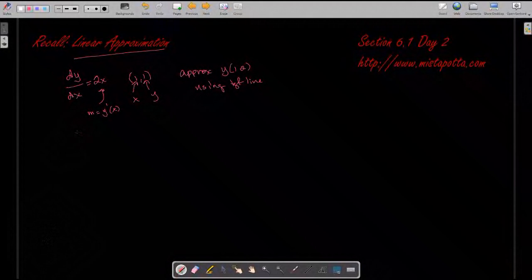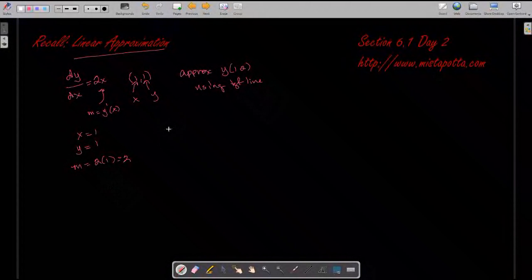So for our purposes, x equals 1, y equals 1, and my slope is 2 times my x coordinate, so my slope is 2.